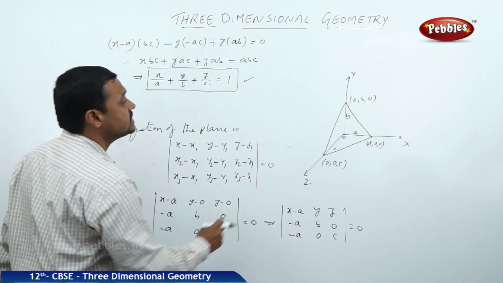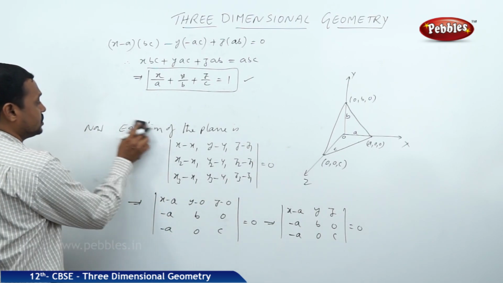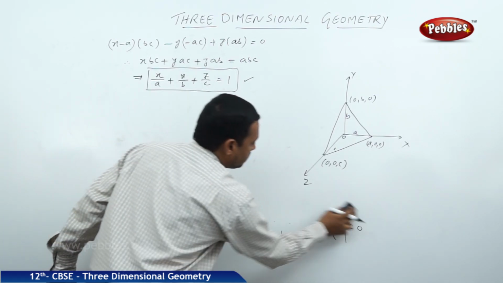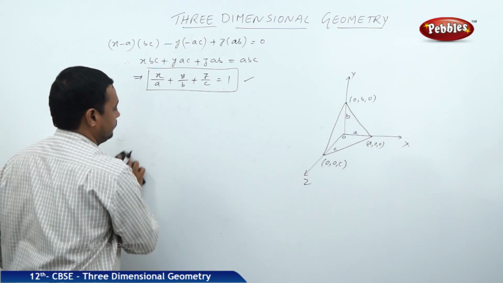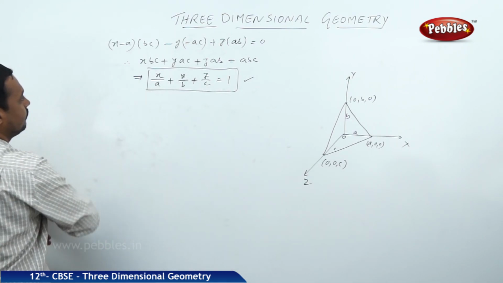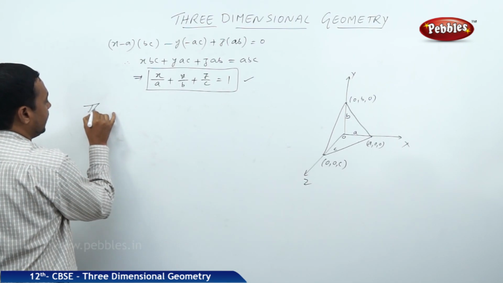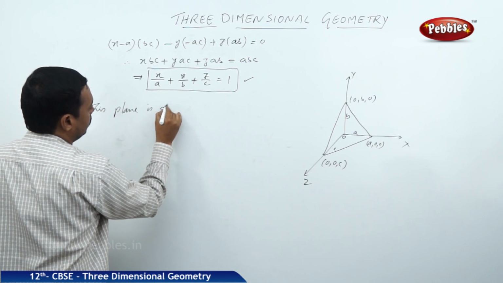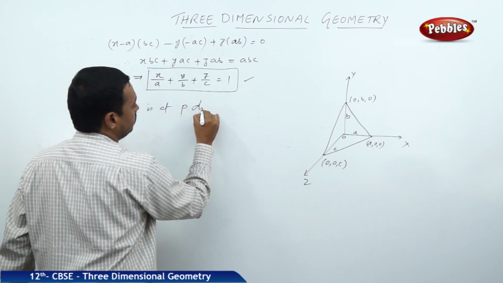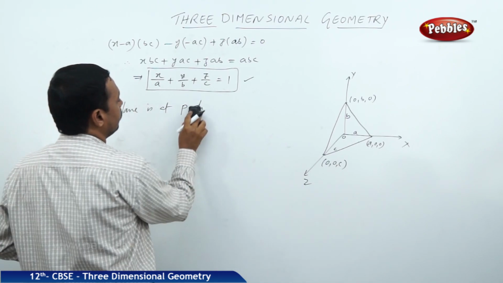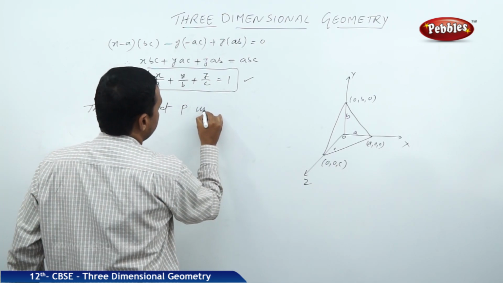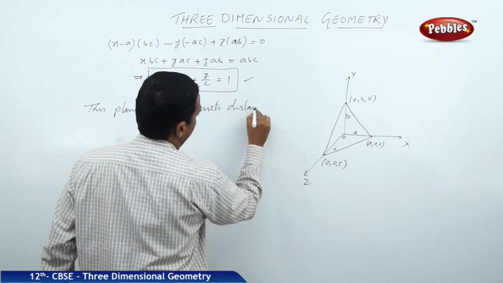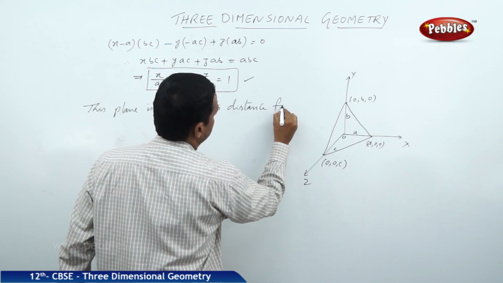Now, this plane is at p units distance from the origin.